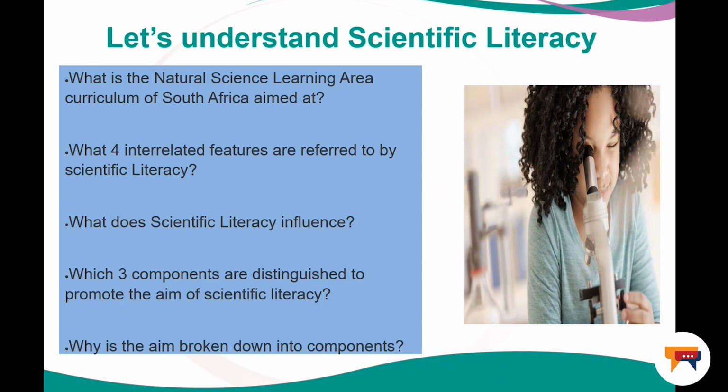It's also important that you develop awareness of how science and technology shape people's material, intellectual, and cultural environments, and also their willingness to engage in science-related issues as a constructive, concerned, and reflective citizen.